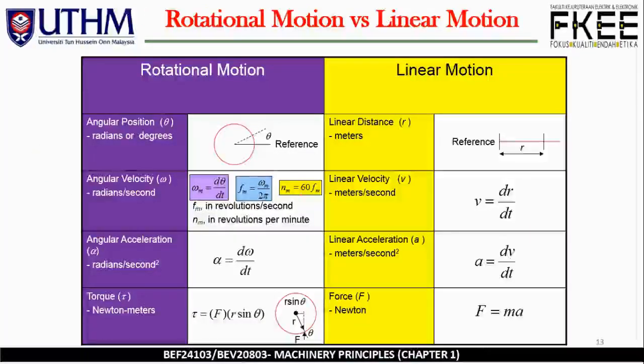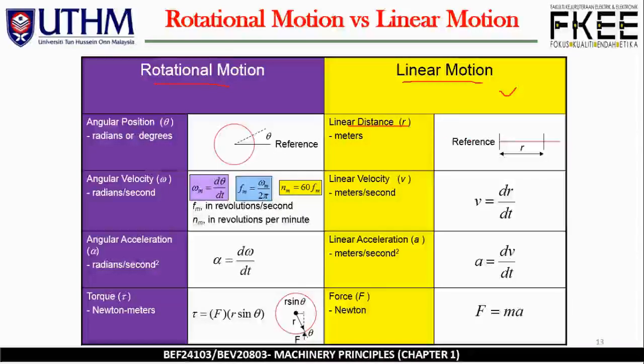Rotational motion versus linear motion. We have some of the equations, rules and regulations, and we compare between the rotational motion and the linear motion. For common linear motion, we have linear distance r.